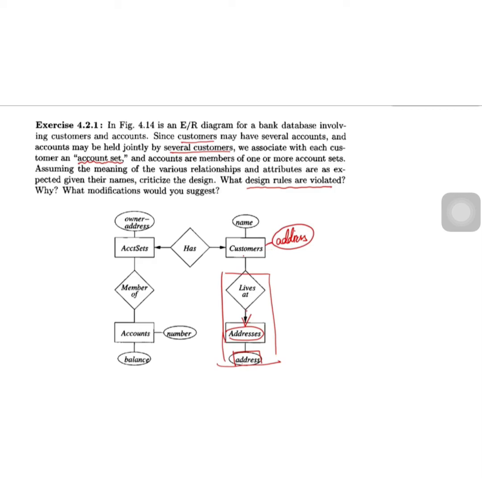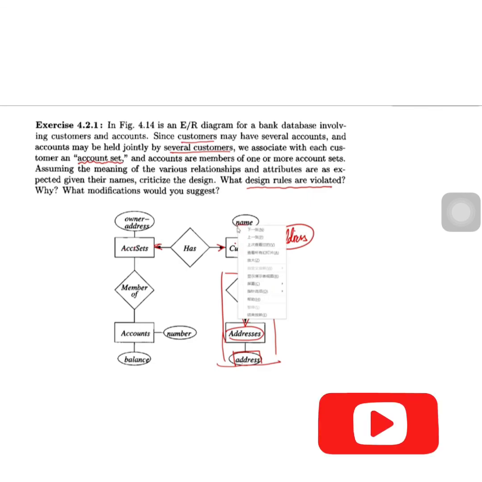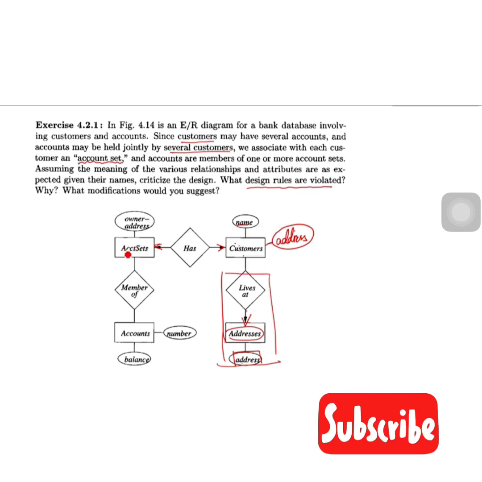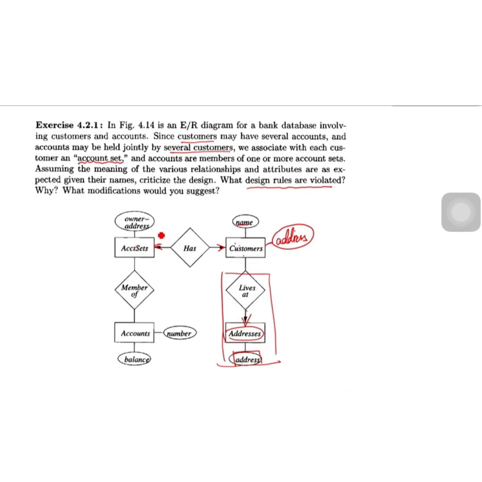Now let's look at these two entity sets. There is a one-one relationship between these two entity sets, and the customer name is the key of the customer, and for the account set, name is also the key. Then the account set is not necessary.